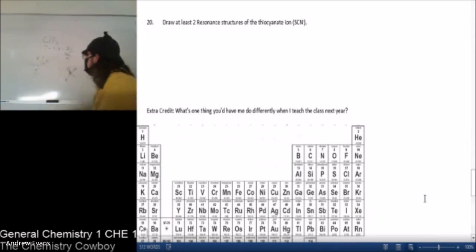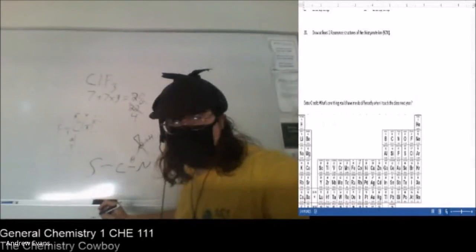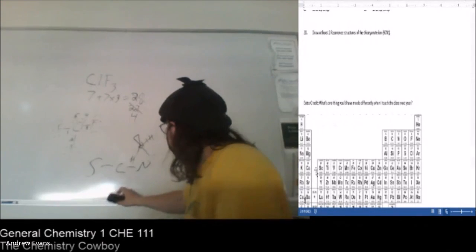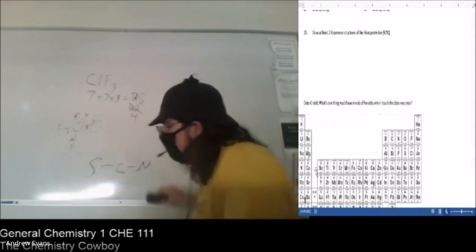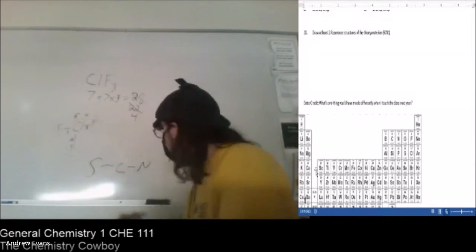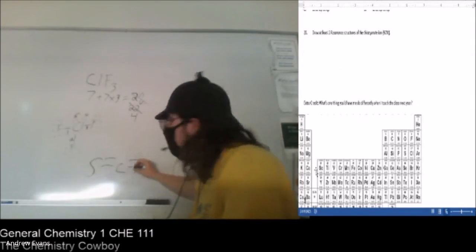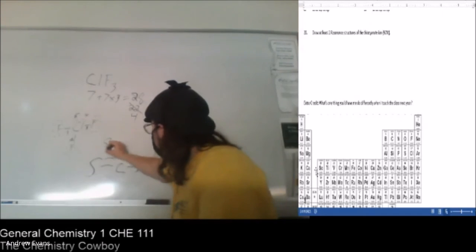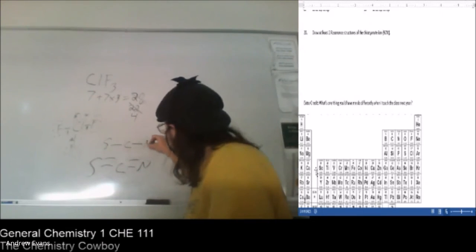So whenever there's double bonds, you're leaving this base structure intact, the S and the C and the N, and what you're moving is the double bond or the triple bond.